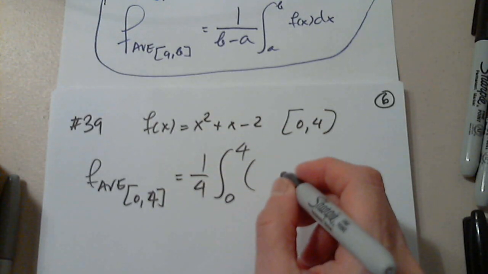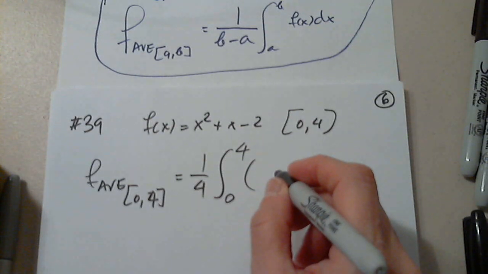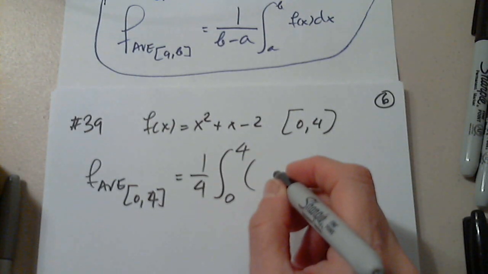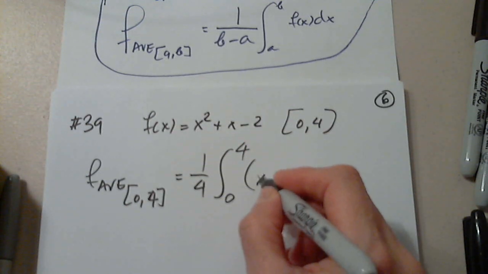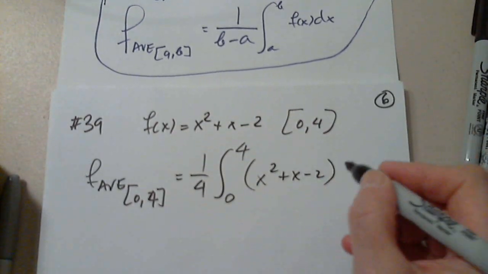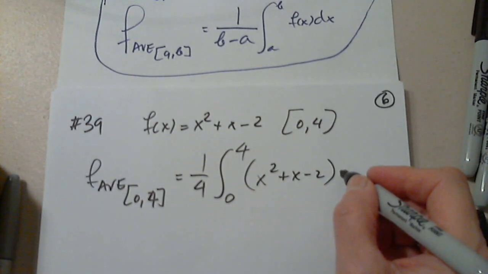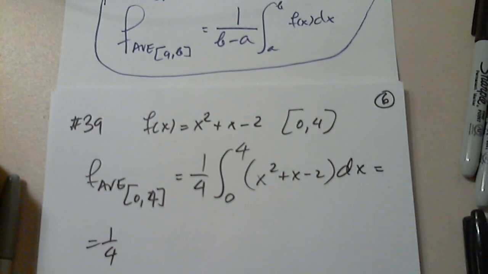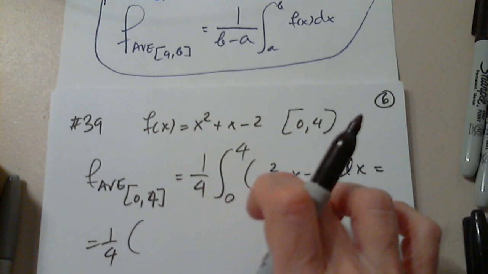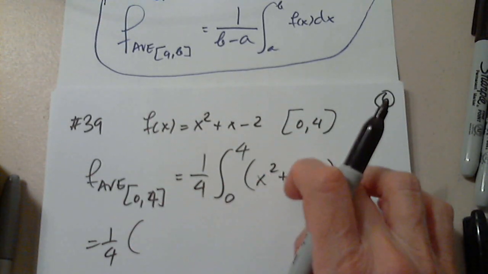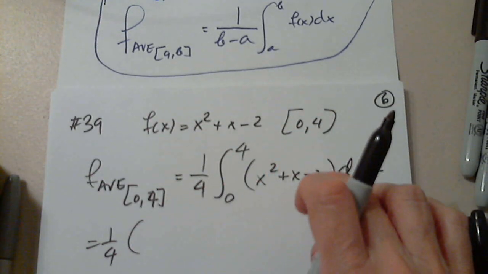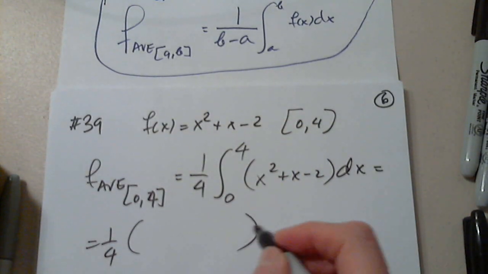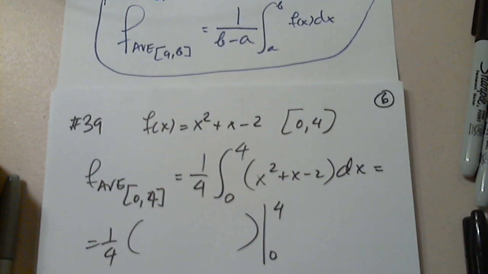How do I continue? x squared plus x minus 2 dx. That's it. Awesome. So 1/4 in front. Which function prime is x squared, which function prime is x, and which function prime is negative 2, from 0 to 4.